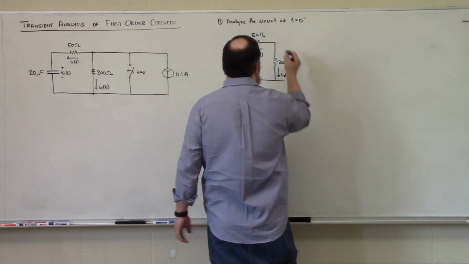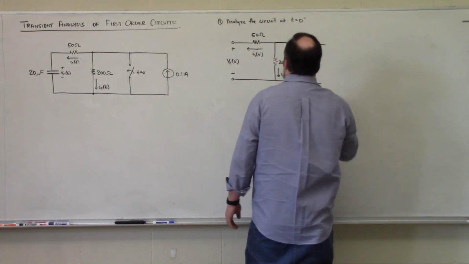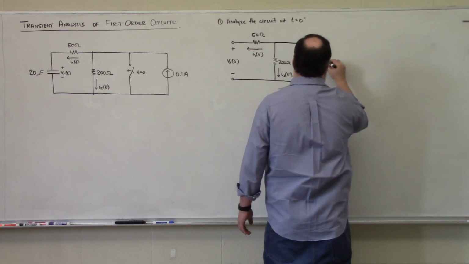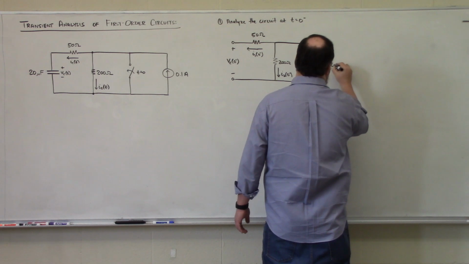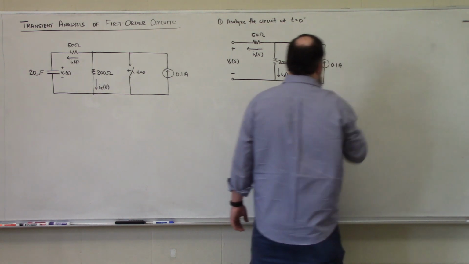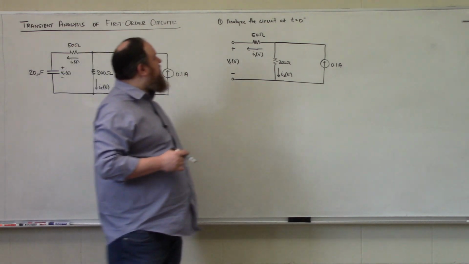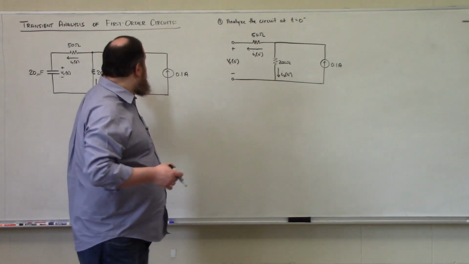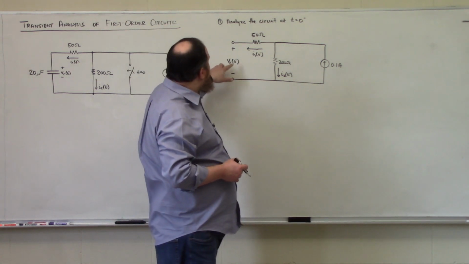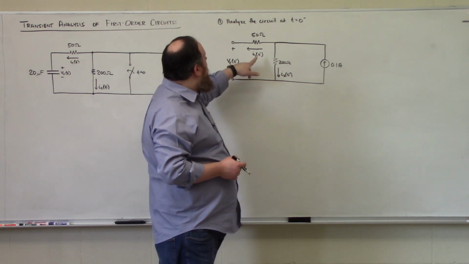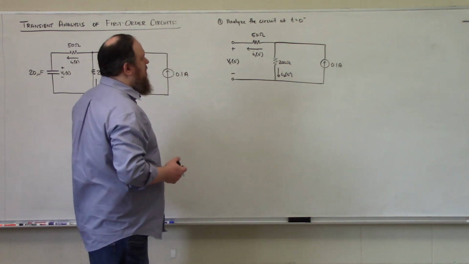Our switch is going to be replaced by an open circuit, so I'm just going to leave it out for right now. And then here is our current source, 0.1 amps. All right, so we're analyzing this circuit, which is how our original circuit looks at t is equal to 0 minus, for these three quantities: the voltage drop over the capacitor, the current through the 50 ohm resistor, and the current through the 200 ohm resistor.